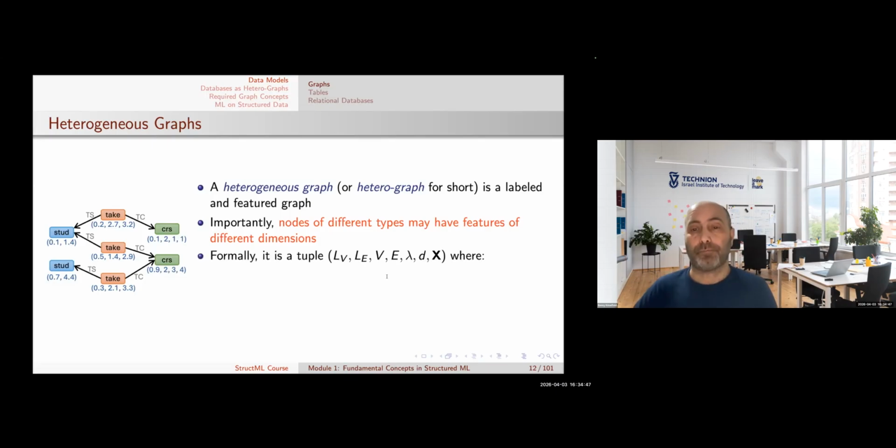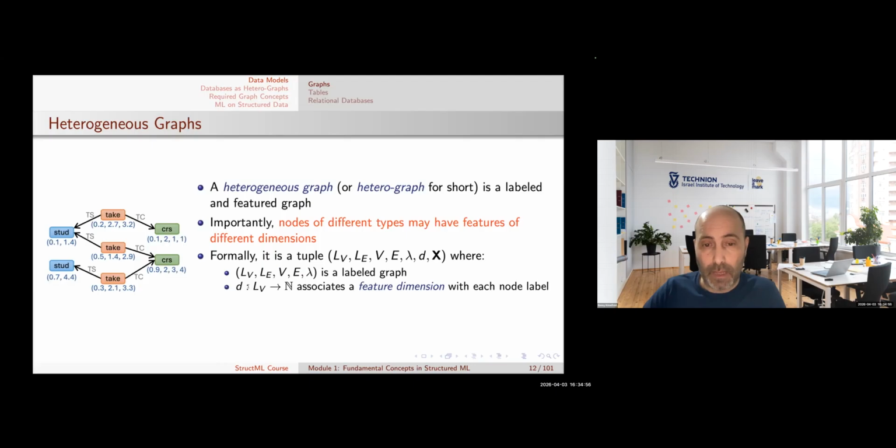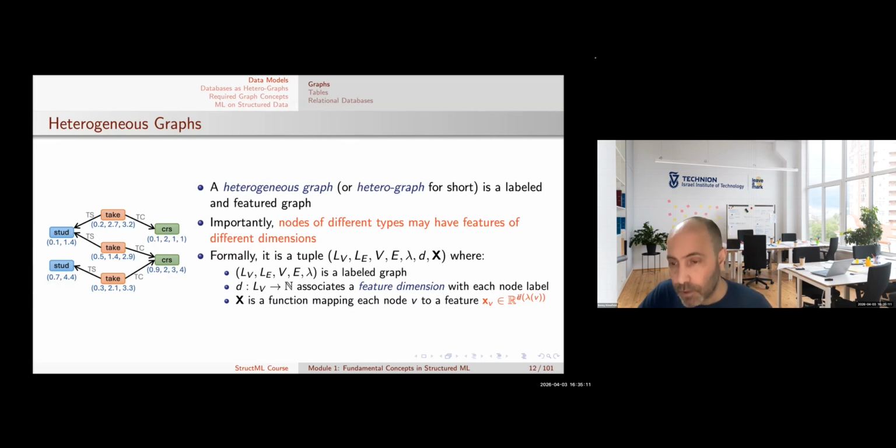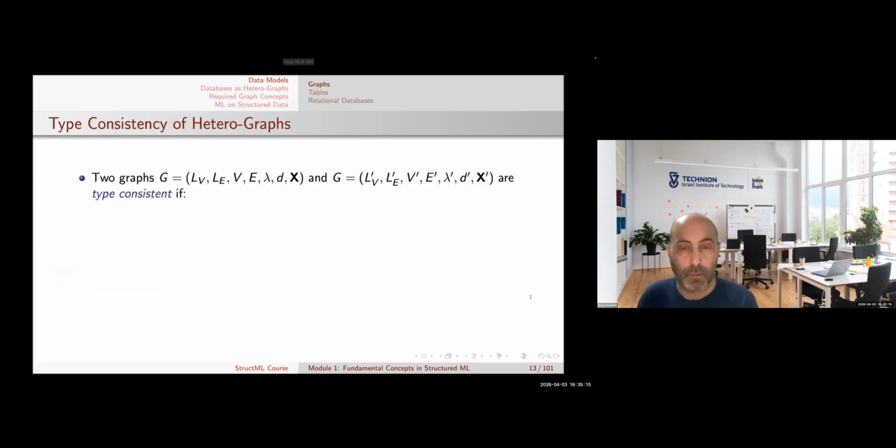Formally, to the definition of a labeled graph, we also add D and X. D associates a feature dimension with every node label, and X maps every node V to a feature in which dimension? The dimension of the label of V.